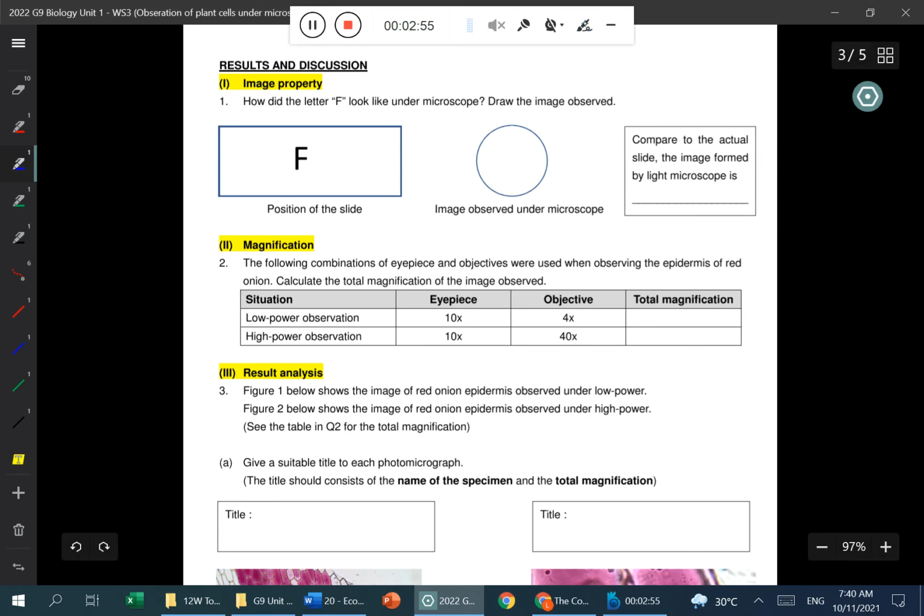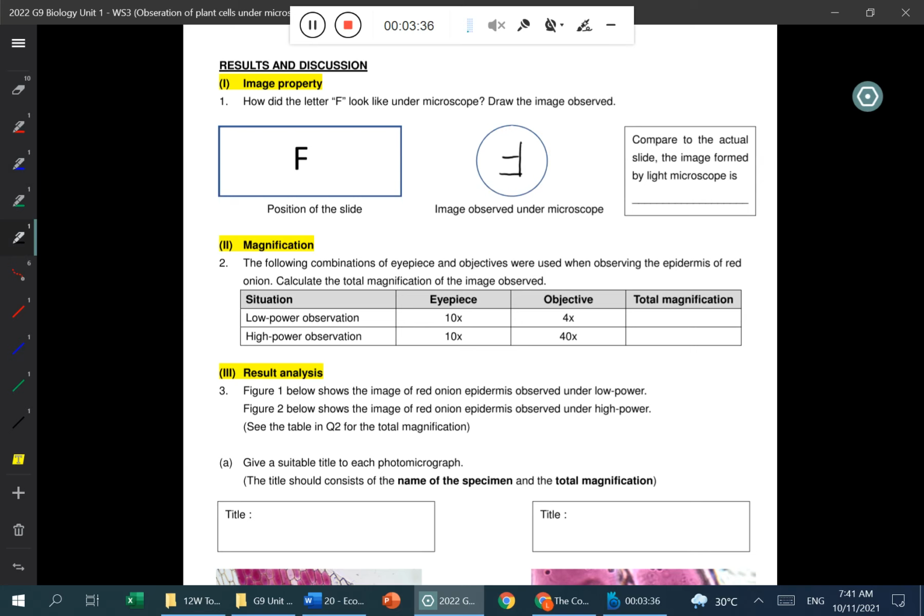The first property is the orientation of the image. If the slide has a letter F like this, I think all of you remember how the letter F should look like. Can you pause at the moment and think about the answer? You should realize that the letter F would be inverted in both directions.